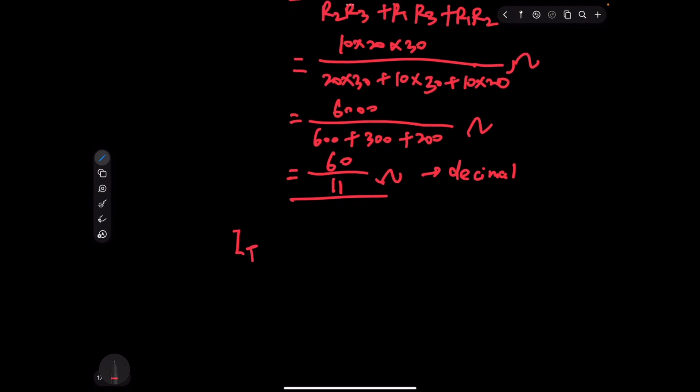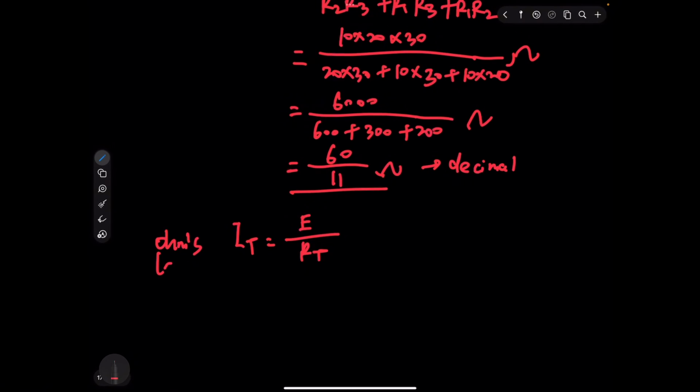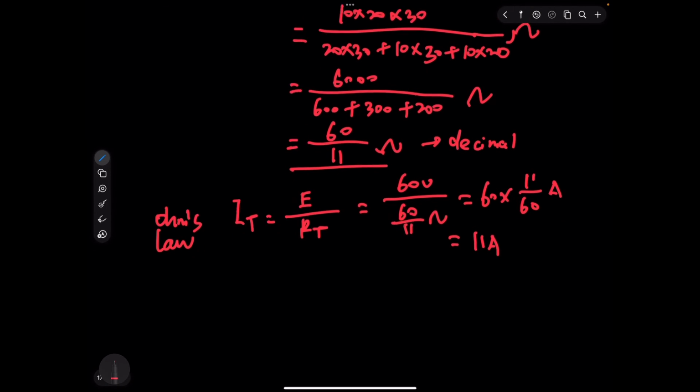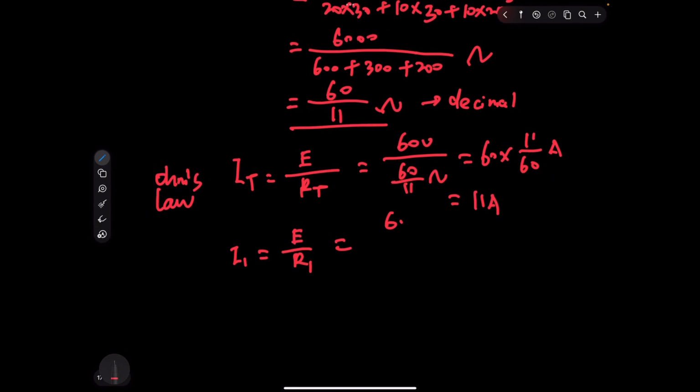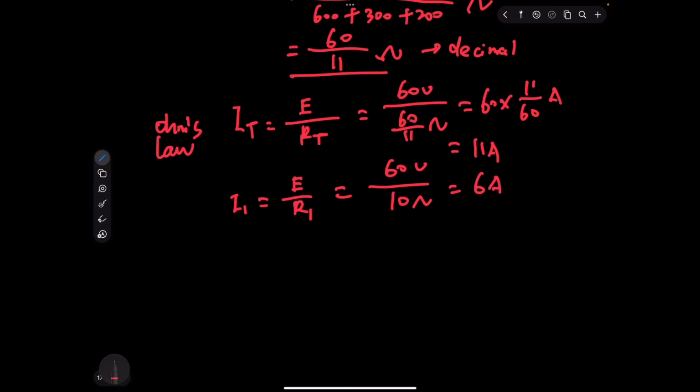So IT will be E divided by RT, Ohm's law. E is 60 volts divided by 60 over 11 ohms, which will give us 11 amps. Or we can do I1 equals E divided by R1, which is also Ohm's law, 60 volts divided by 10 ohms, 6 amps.